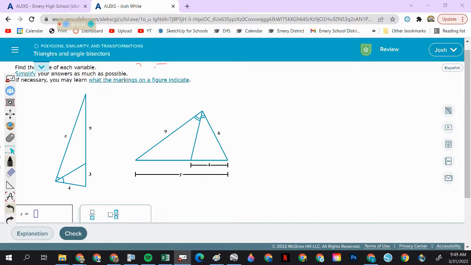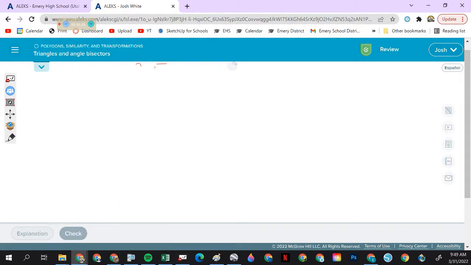Okay? So over here, we have a big angle that is cut by another side, and the 2 remaining angles are equivalent. So that is an angle bisector. So we need to use that to figure out how big is the missing angle. So let me show you the angle bisector rule.